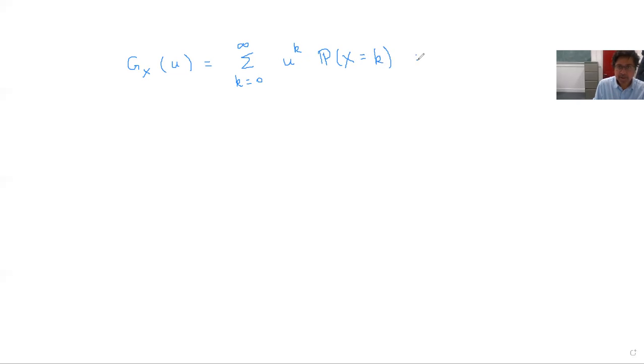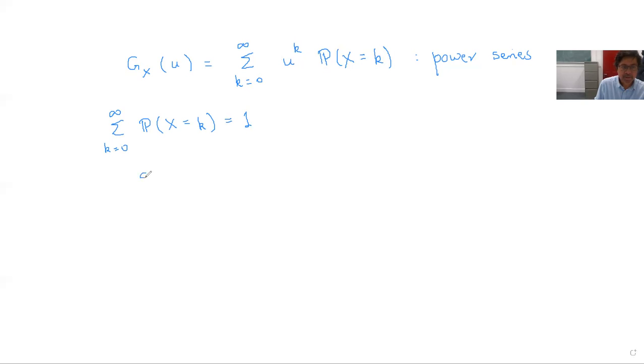So this is a power series. And the probability that X equals k, for different k, is a collection of numbers that adds up to 1. So the sum over k from 0 to infinity of this is 1. So the sum of the coefficients in the power series can be added up. They add up to something finite.